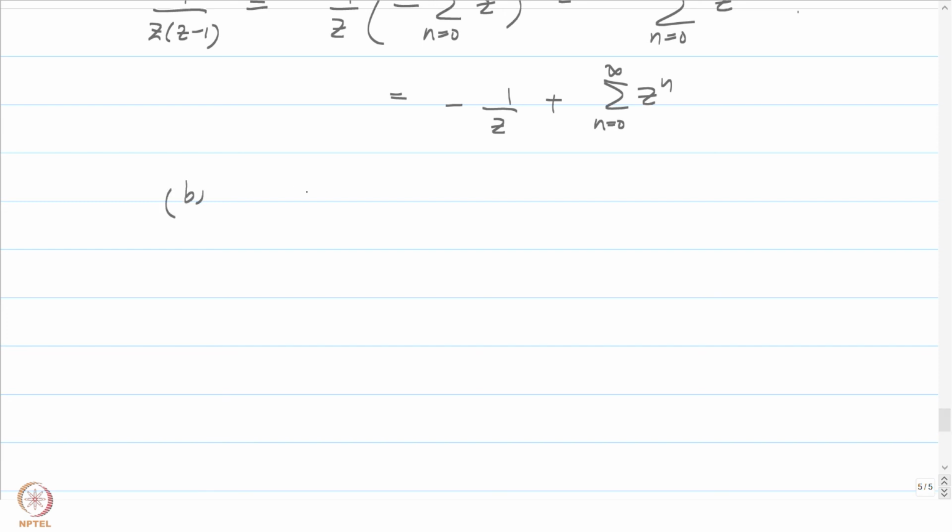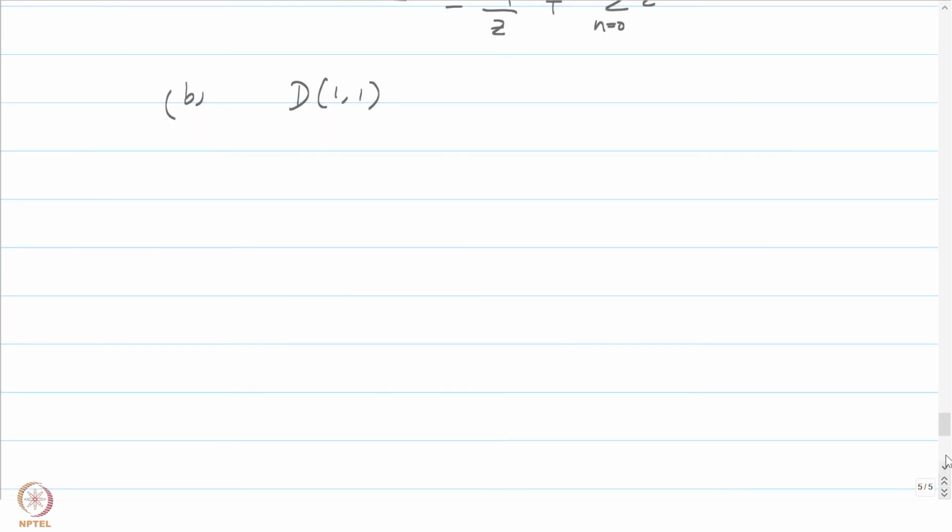How about when we focus our attention on D(1,1)? The techniques are not going to be very different. Then on D(1,1), what is going to be 1 by z? We'll just rewrite this as 1 by 1 minus (1 minus z). Now on D(1,1), 1 minus z will have absolute value less than 1. Again, we can talk about the power series expansion here. This is going to be summation of (1 minus z) to the power n, where n goes from 0 to infinity. So that's going to be 1 by z on D(1,1).